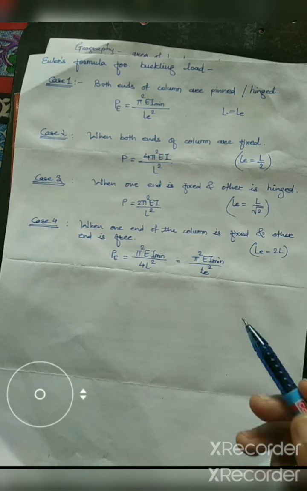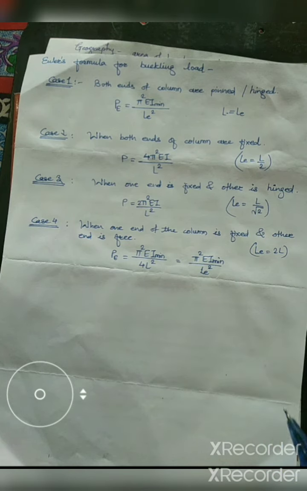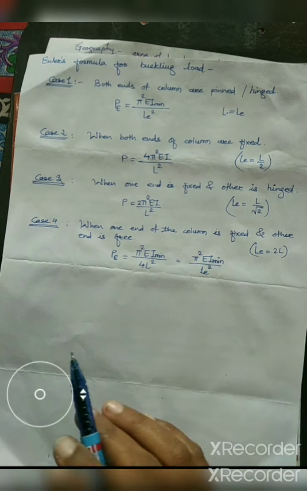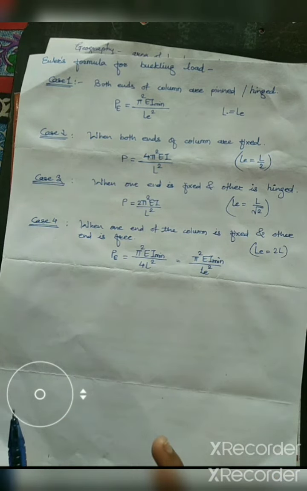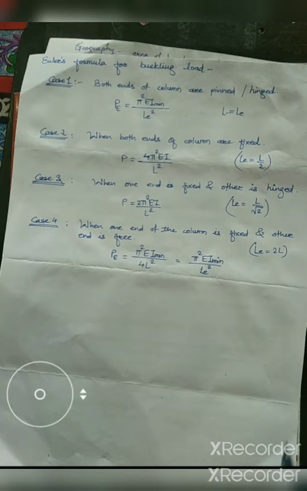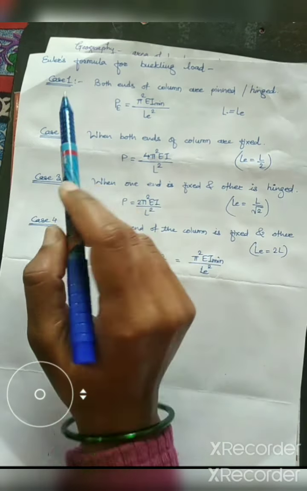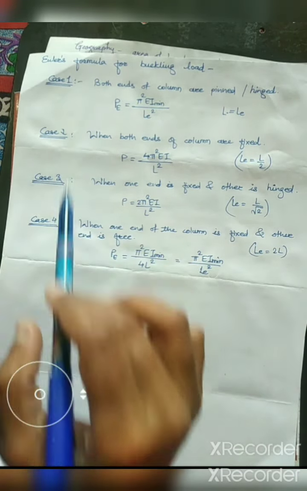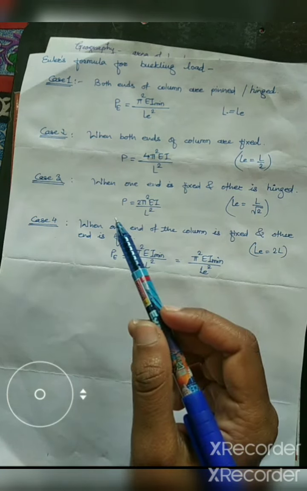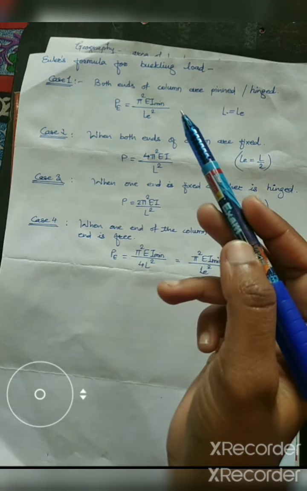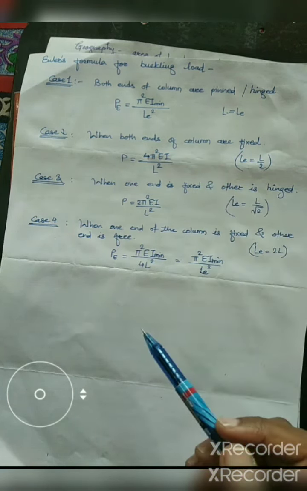Only problems will be asked in your paper. So that's why I have excluded the derivation part and directly taken the formulas. First let's see those formulas, and in the next lecture we are going to study problems on the basis of these 4 formulas.